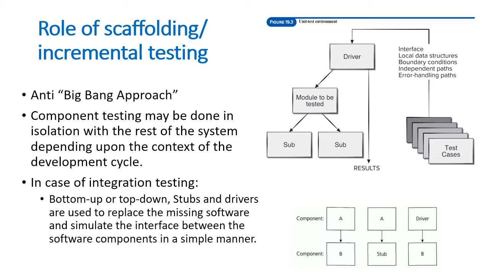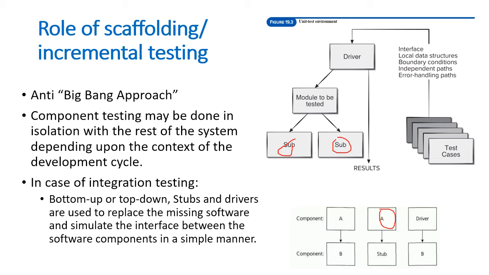For example, in either the bottom-up or top-down approach, let's say we have two components, A and B, and we want to test component A, but B is not ready. In that case, we use a stub. Here is a stub, stub, not sub.